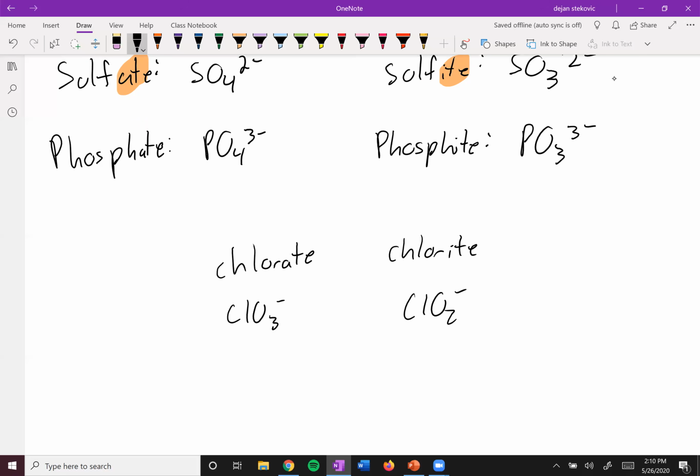But then we can actually add a per in front of the chlorate to add another oxygen. So we can have perchlorate. That'll be ClO4 minus. And then all the way on the right, we can have hypochlorite to take away yet another oxygen.